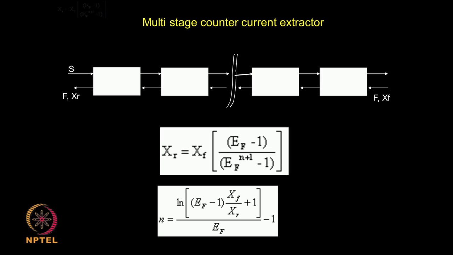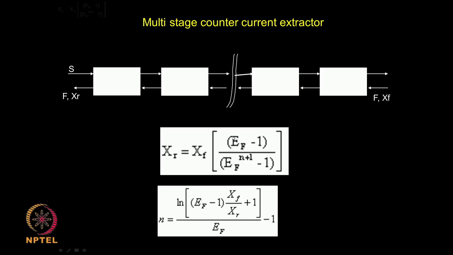When you do that, you get a relation. It looks very complicated. XR, the final concentration of the solute in the raffinate, and XF, the concentration of the solute in the feed, are related like this: XR by XF is equal to E minus 1 divided by E to the n plus 1 minus 1.